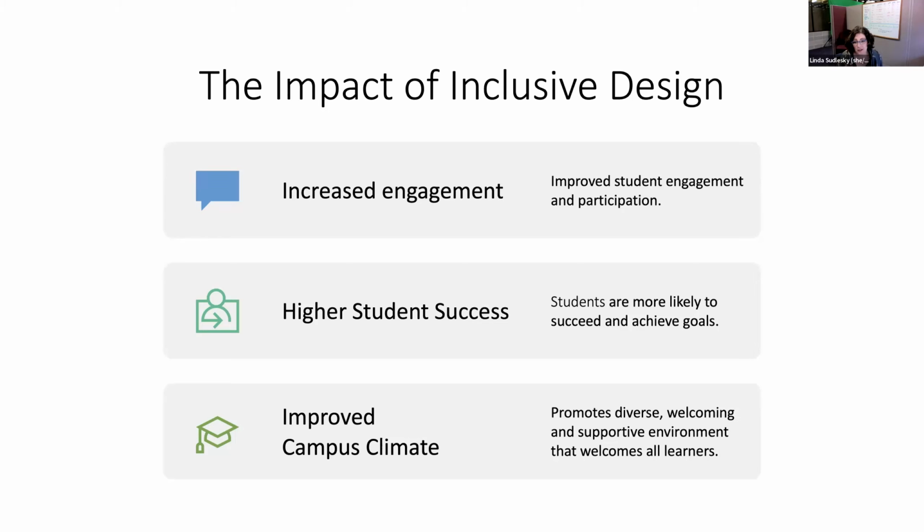Students are more likely to succeed and achieve their goals. And overall, that would improve campus climate, promoting a diverse, welcoming, and supportive environment that welcomes all learners. And that's really what we want to do here.